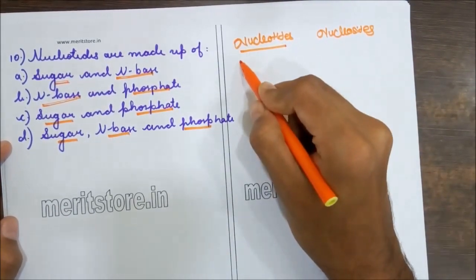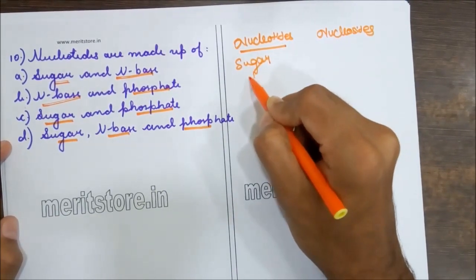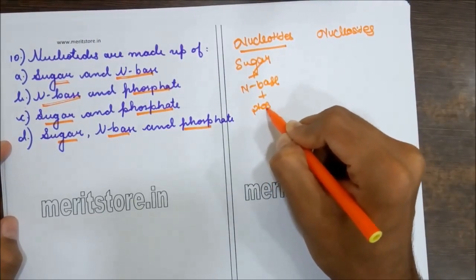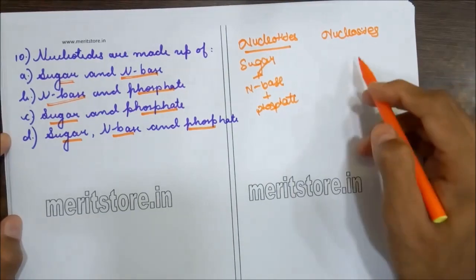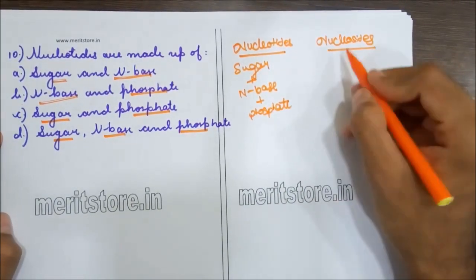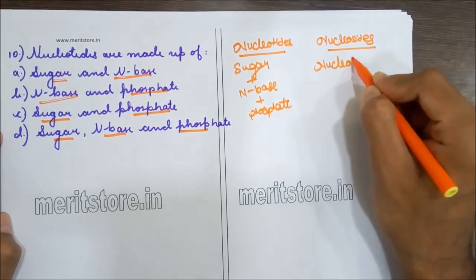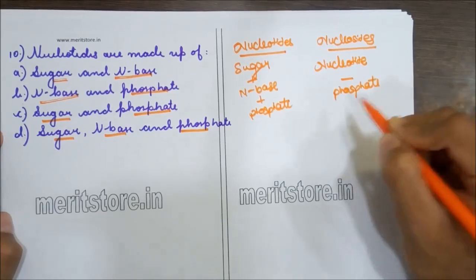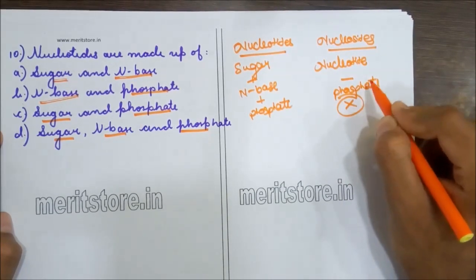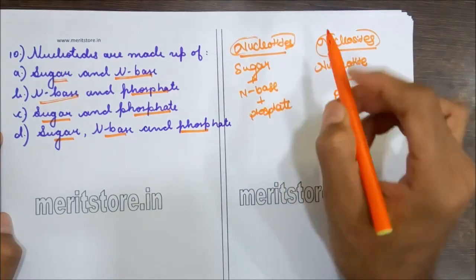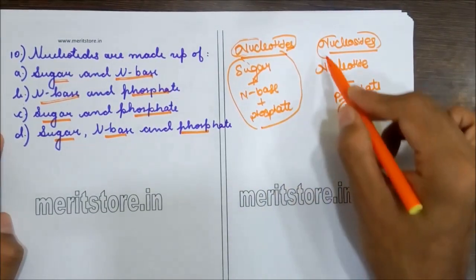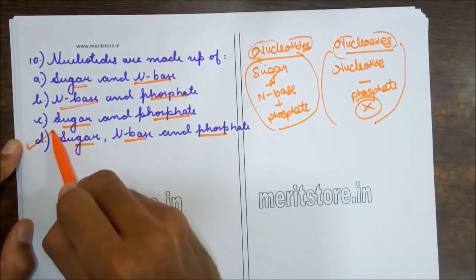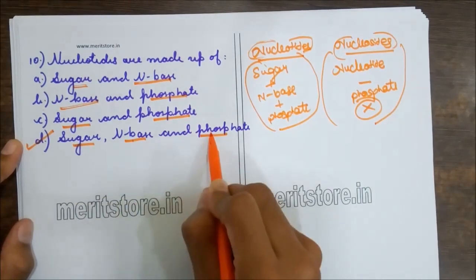Nucleotides consist of a sugar linked to a nitrogen base which is linked to phosphate group, whereas nucleoside consists of nucleotide minus phosphate group. It does not have phosphate, nucleosides, whereas nucleotides has phosphate. So this is the basic composition of a nucleotide and this of nucleosides. So the correct option is option D. It is made up of sugar, nitrogen base and phosphate.